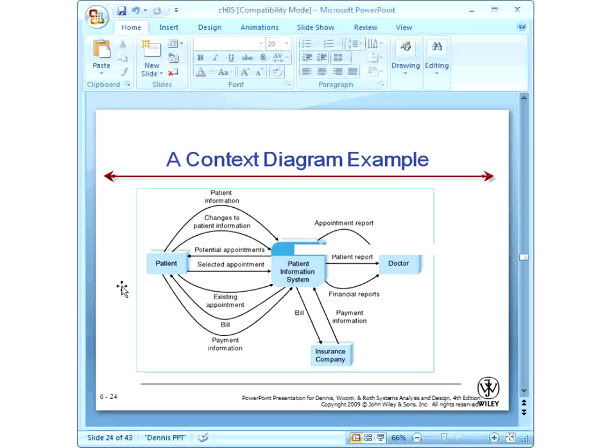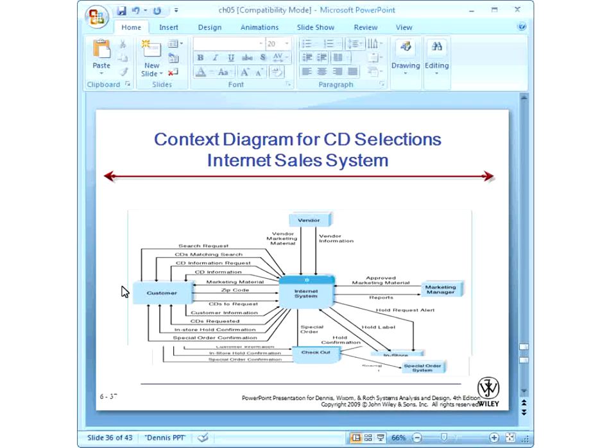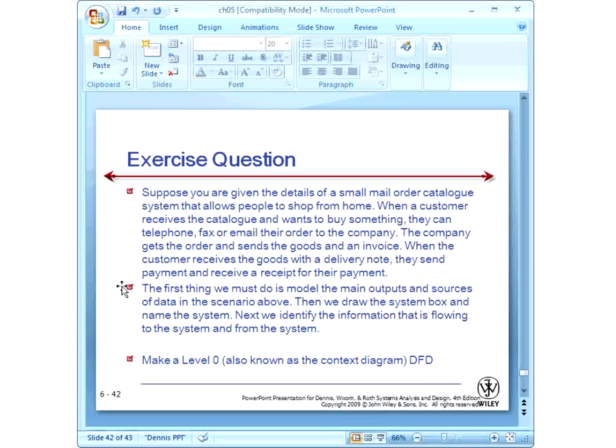So what you have to do right now is an activity. The question is, first you will make a context diagram and then you will move onwards. Suppose you are given the details of a small mail order catalog system that allows people to shop from home.